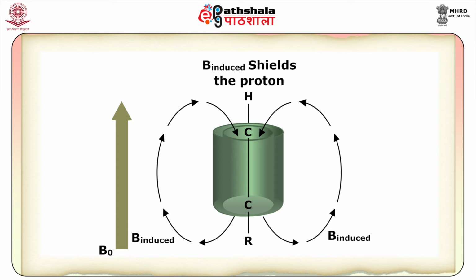The induced magnetic field caused by the circulation of pi electrons of the triple bond is in the opposite direction of the applied field in the region of acetylenic protons. Therefore, acetylenic protons are shielded and experience lesser field strength and consequently resonate at smaller value of chemical shift or delta. This again is clearly approachable with the figure that you can see here.